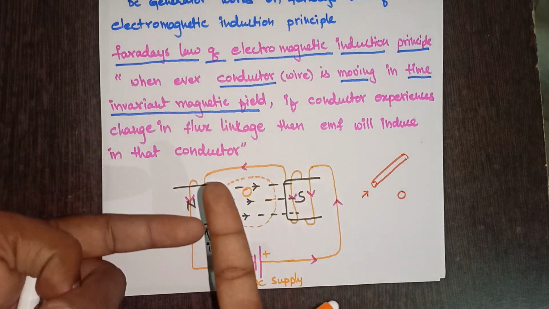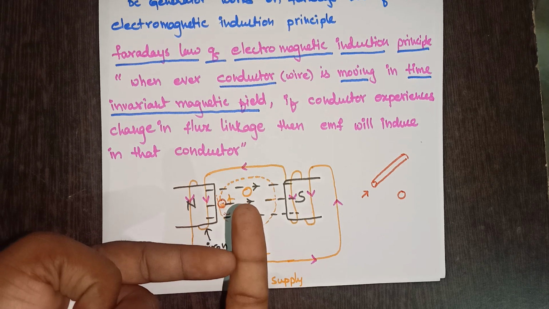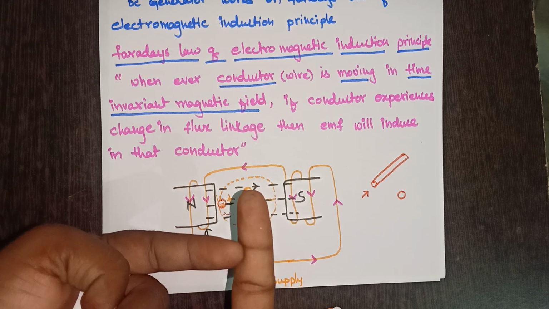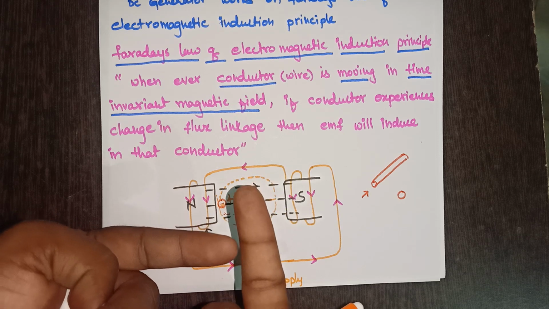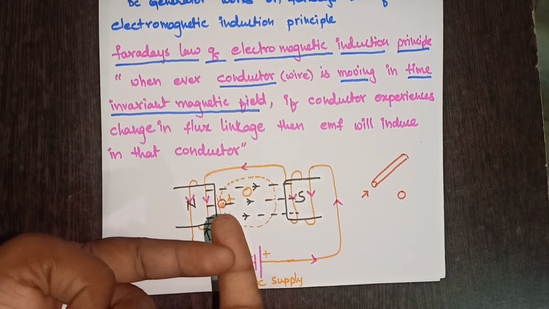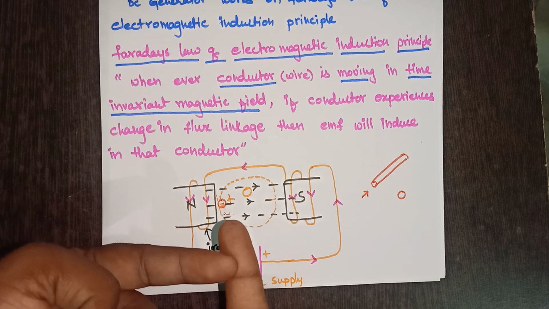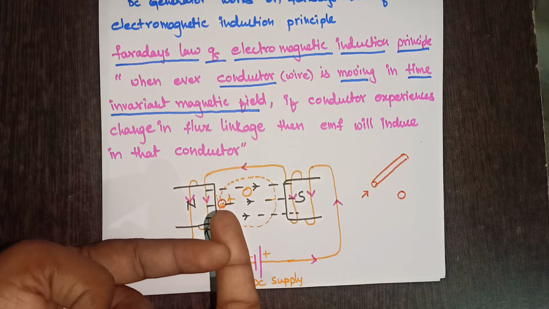That means there is a perpendicular displacement. Because of this, there is a large change in flux, or more flux cutting by the conductor. So at this instant, the maximum amount of flux linkage is happening in the conductor, right?